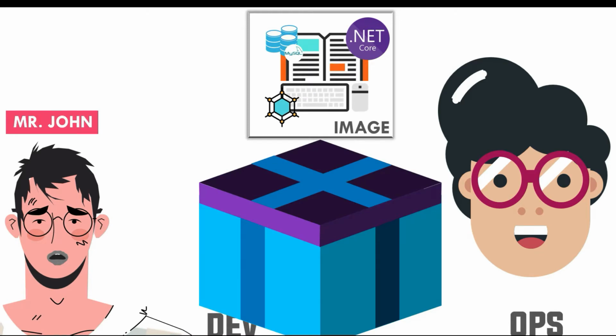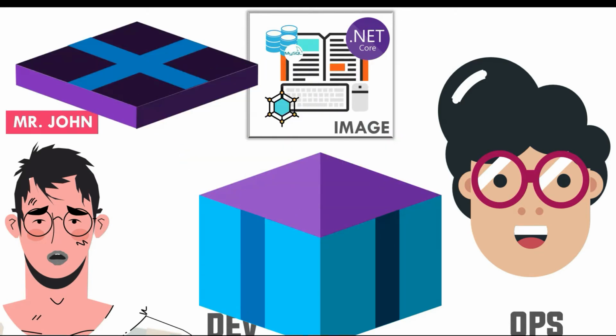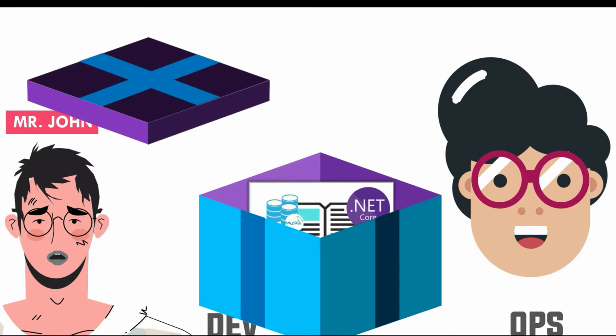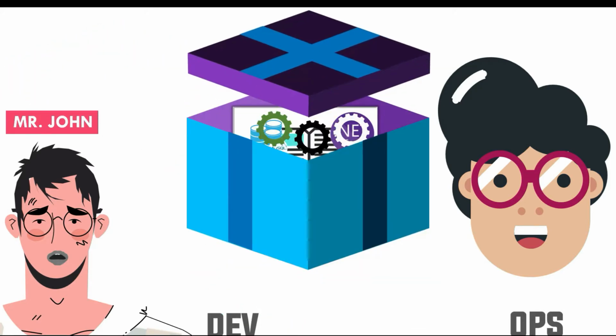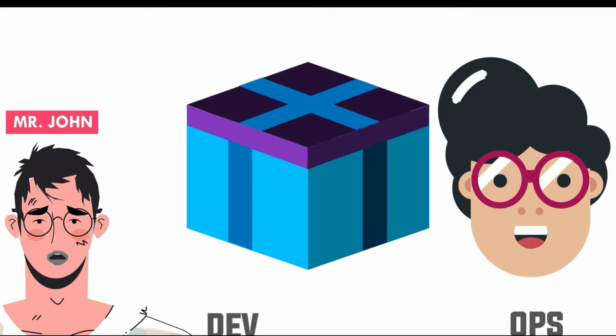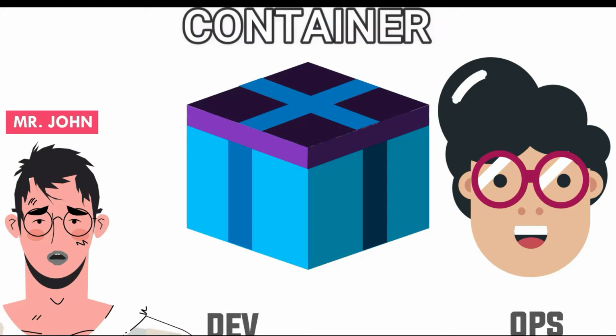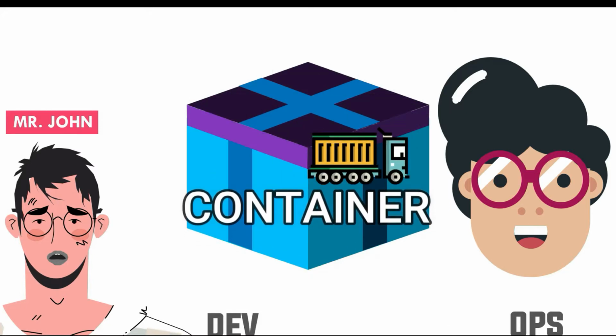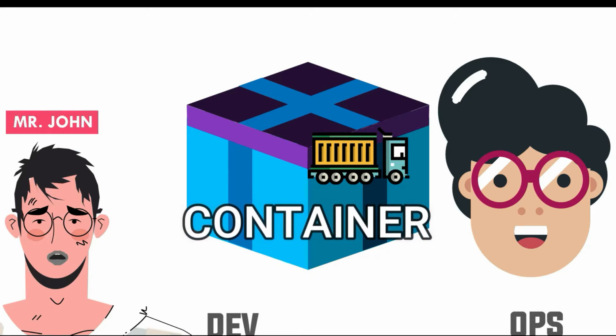Important is the environment is created in just a couple of seconds, puts the application in it and runs it. So the application runs in a completely isolated environment. Friends, welcome to the world of container. This isolated environment is nothing but a container.